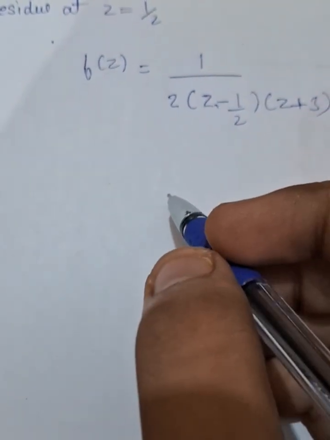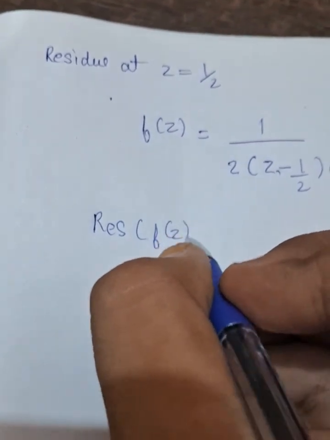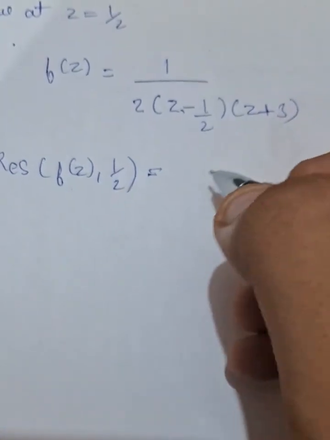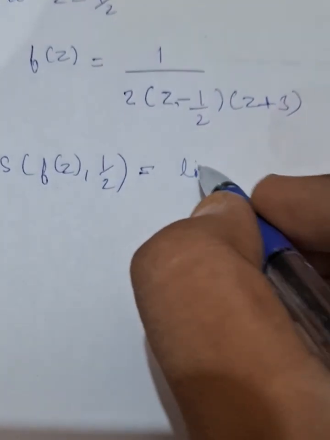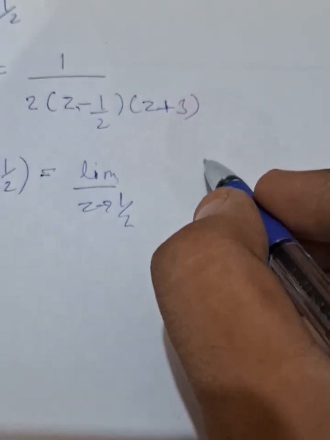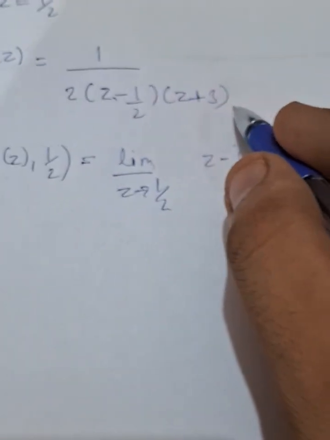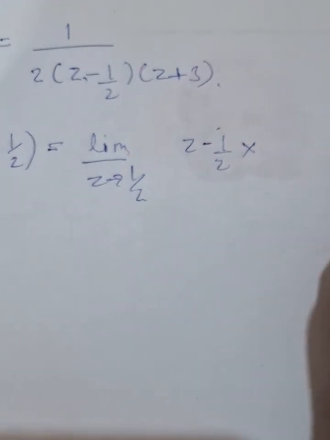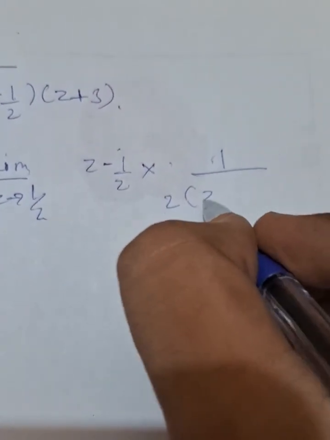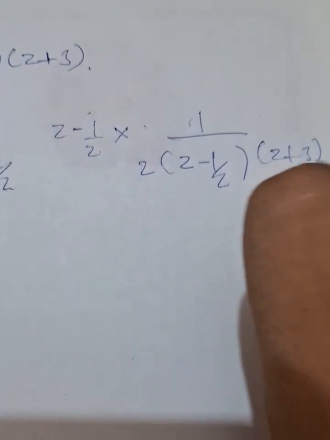We can write the residue of f(z) at 1 by 2 as the limit as z tends to 1 by 2 of (z minus 1 by 2) into this equation, that is 1 upon 2 (z minus 1 upon 2)(z plus 3).